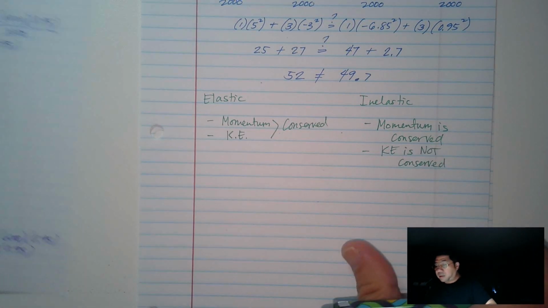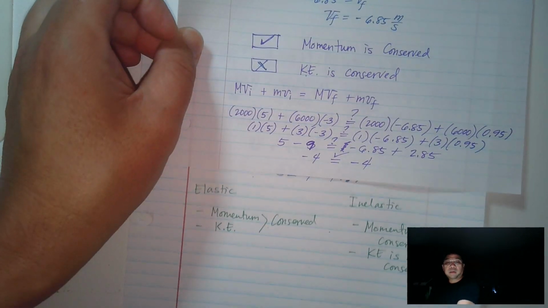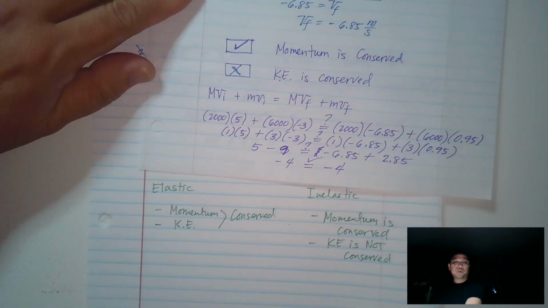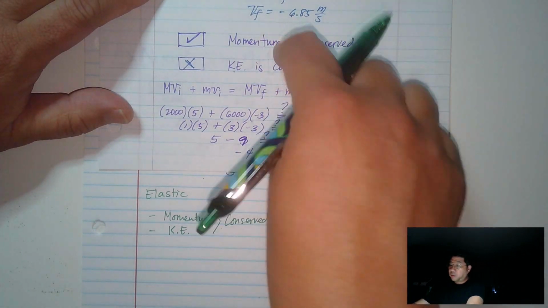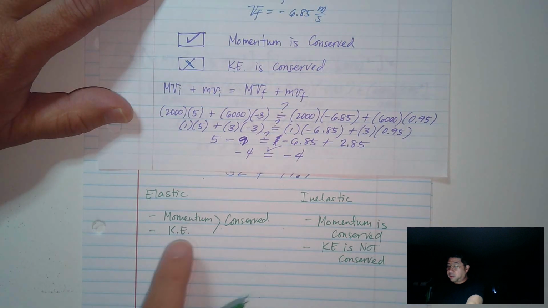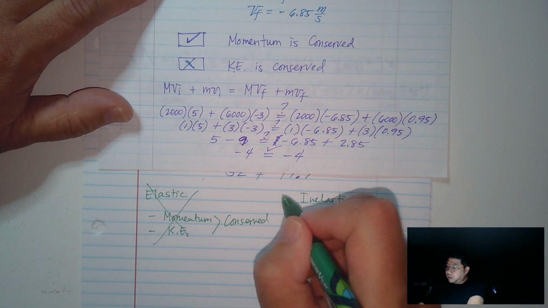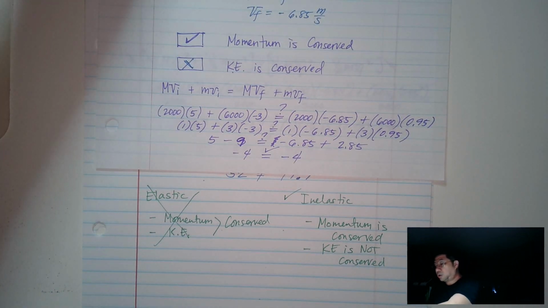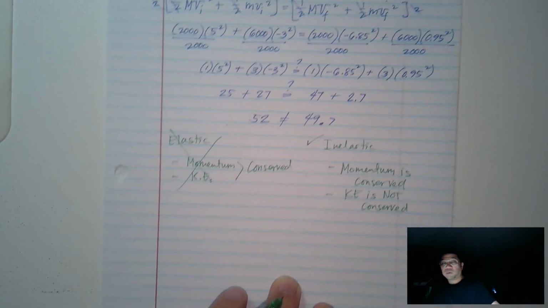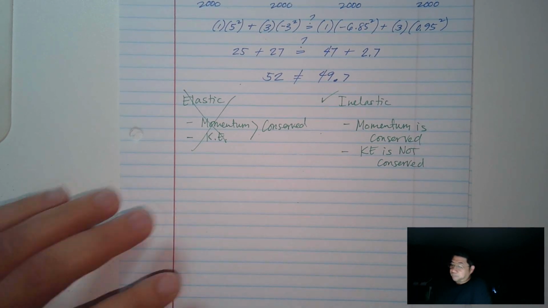So looking at our checklist earlier, you could see both sides. You notice that momentum is conserved, kinetic energy is not conserved. So definitely it's not the elastic collision, but instead we are looking at an inelastic collision. So it means the two objects touch during collision, but they failed to connect.